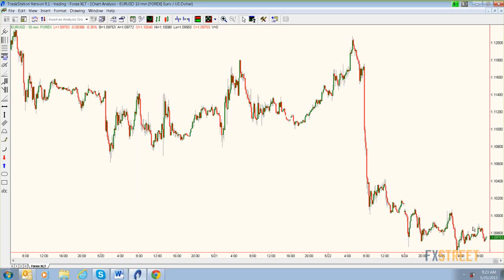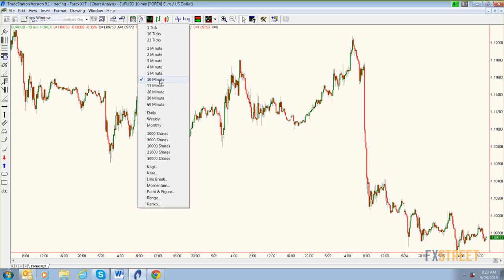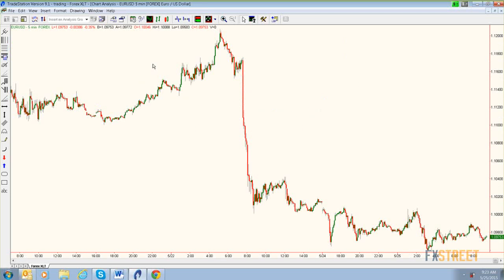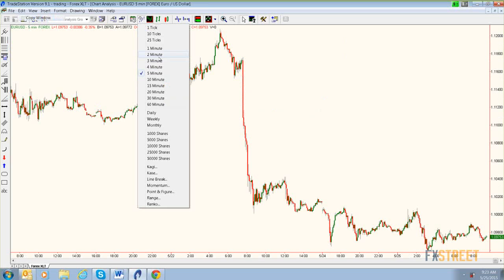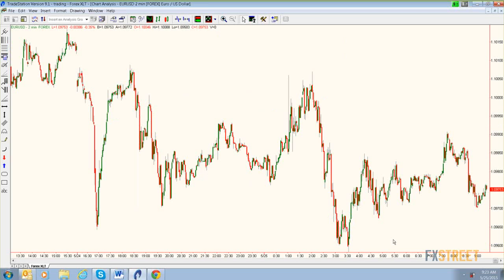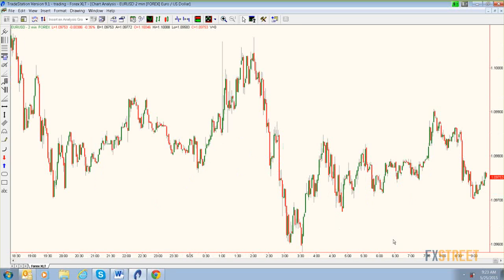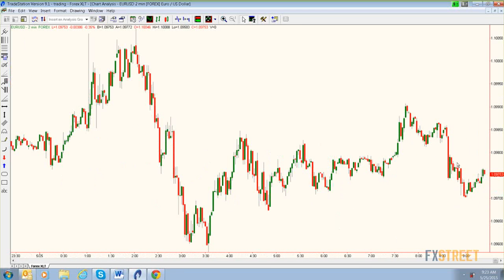Okay, we don't have a ton of supply above current price, but we also don't have a ton of demand either. But what we would do is look to let something develop. And here you go, here's what we'll set up. So you see all these clusters of activity here?